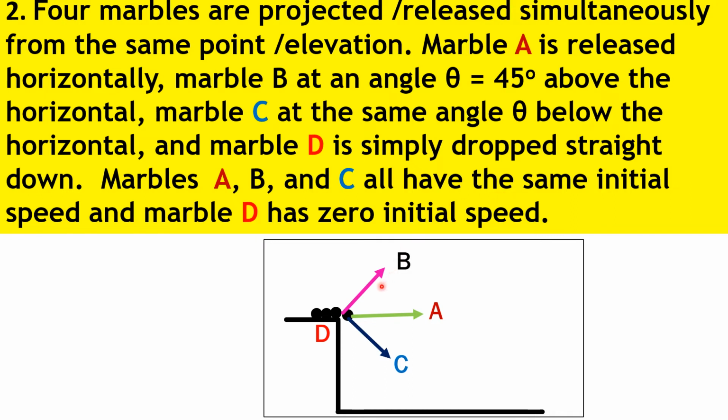The fact that marbles A, B, and C are projected at different angles from the horizontal, even if the magnitude of their velocities are the same, the velocities per se of these three marbles are not the same. The best term to use is initial speed.